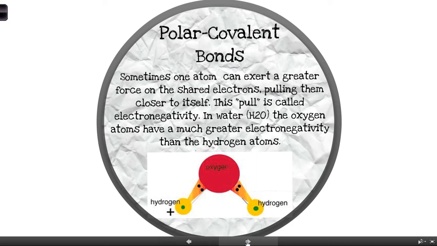Sometimes one atom has a greater pull on electrons, and we call that pull electronegativity. Oxygen is far more electronegative than hydrogen. So although these electrons are being shared, that's a covalent bond, they're being pulled in much more closely to the oxygen.